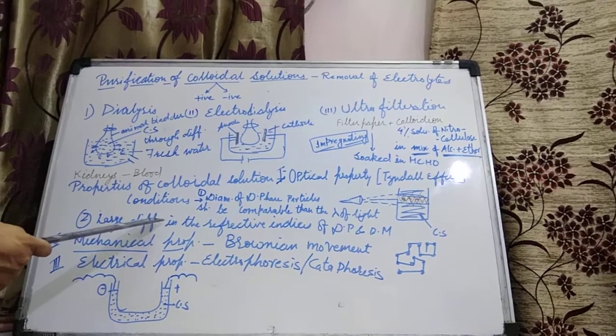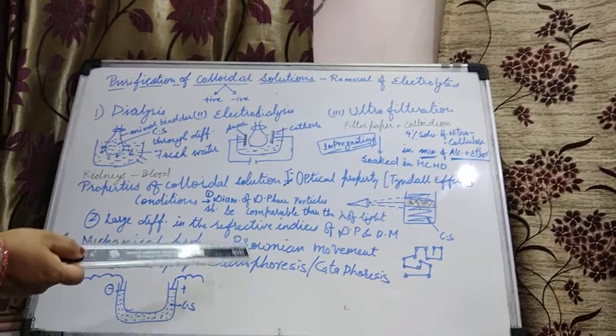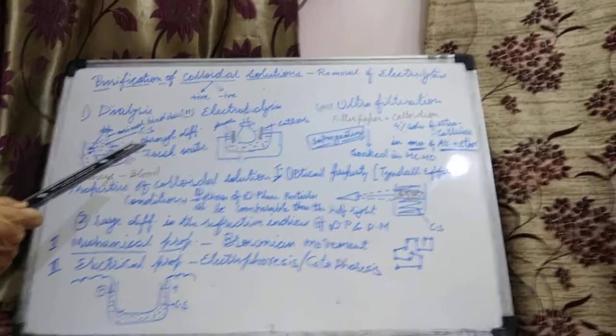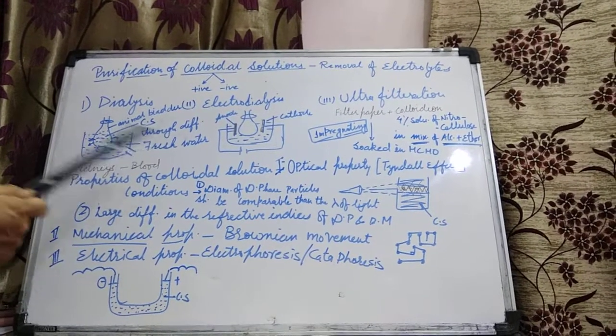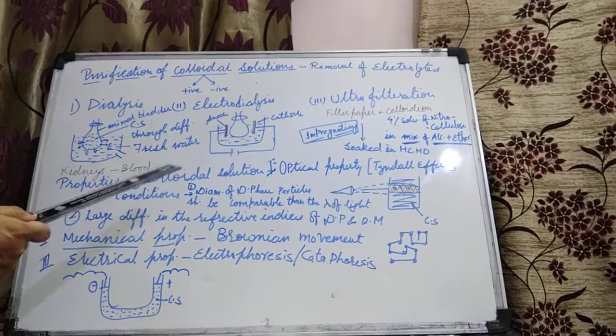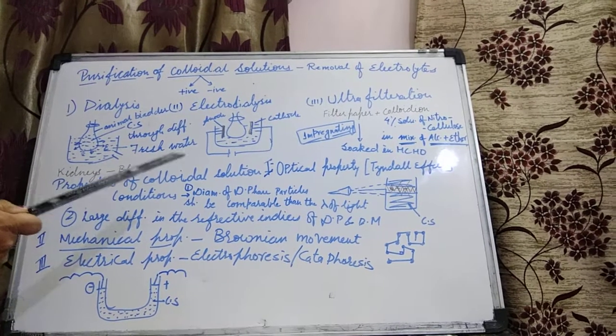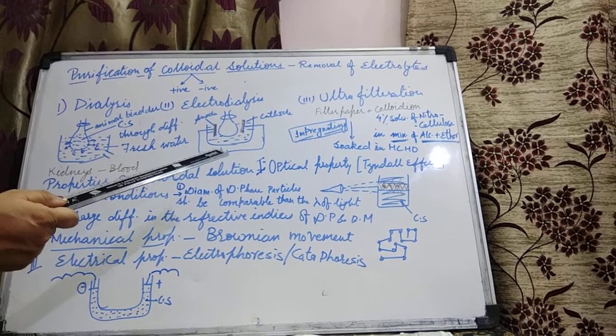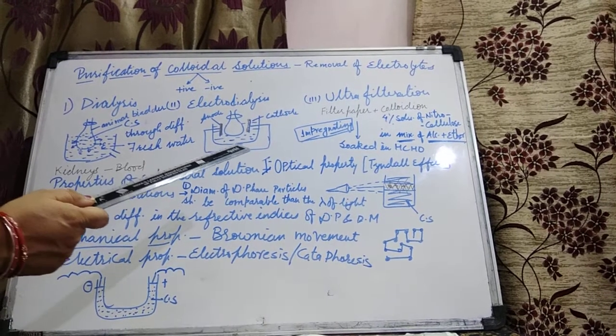You know, students, why the sky appears blue? Due to the Tyndall effect. Because in VIBGYOR, violet, indigo, blue, green, yellow, orange, red, you know all those colors. Blue color gets scattered the most, and that's why the sky is blue.